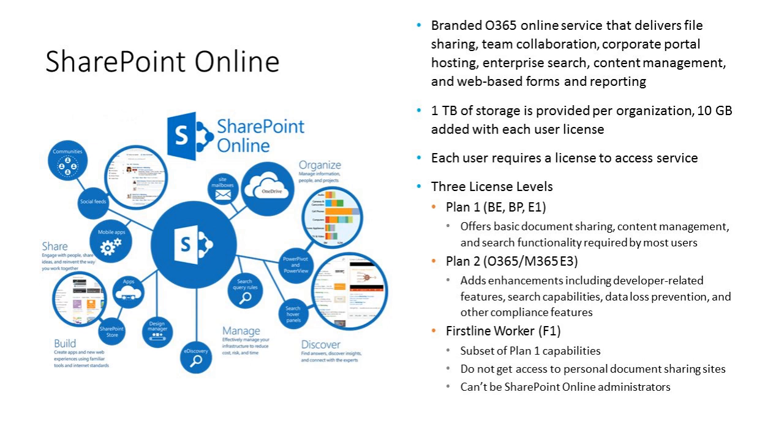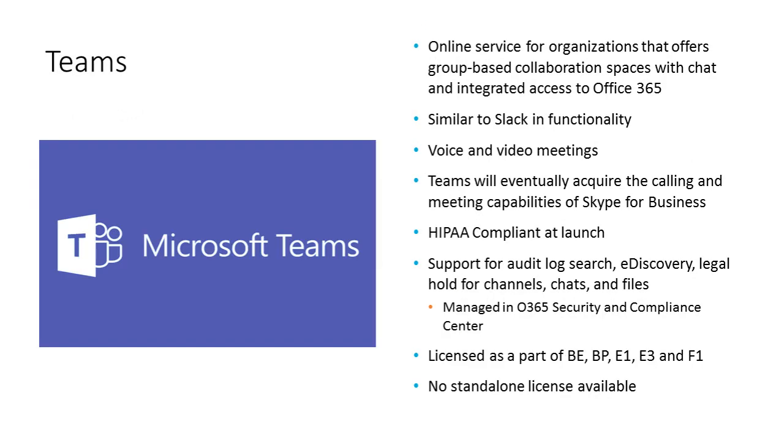It is also great for the F1 tier, the first line worker, essentially those volunteer employees that may need access to certain documents out in the field, or just not in the organization on a daily basis, but can have access to certain documents needed. And so that tier of license is called an F1, and SharePoint's included in that as well.